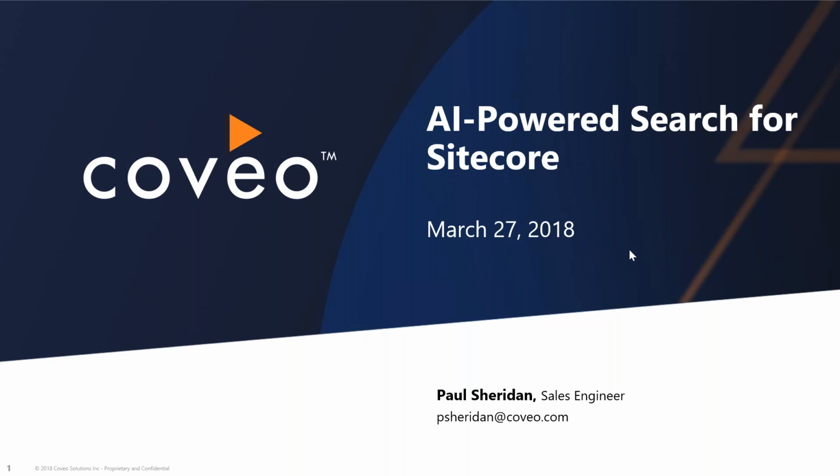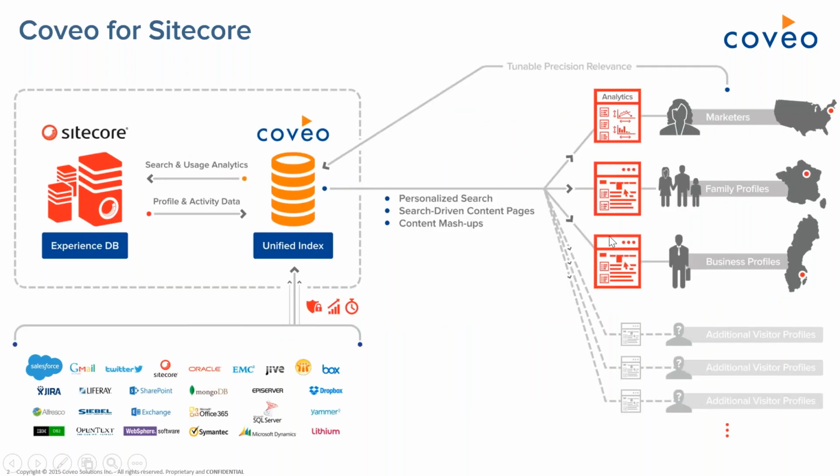We'll start off with a couple of architecture slides, really to give you a bit of the background on Coveo for Sitecore, and then we'll go into some live demonstrations from existing customer sites and a bit of a deep dive into the architecture and how Coveo for Sitecore really works.